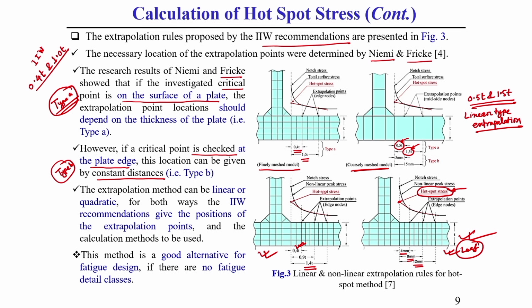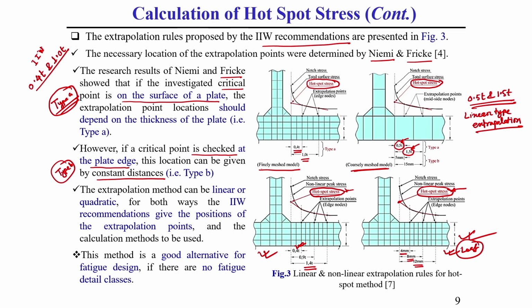Similarly, in the case of type A hotspot stress, where the distance is a function of t, here also I have written the quadratic hotspot stress in red color. For linear purpose also I have used this.